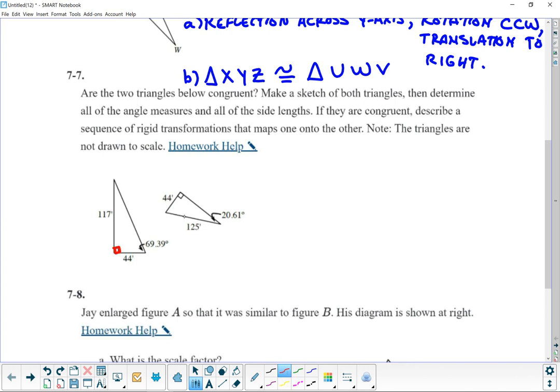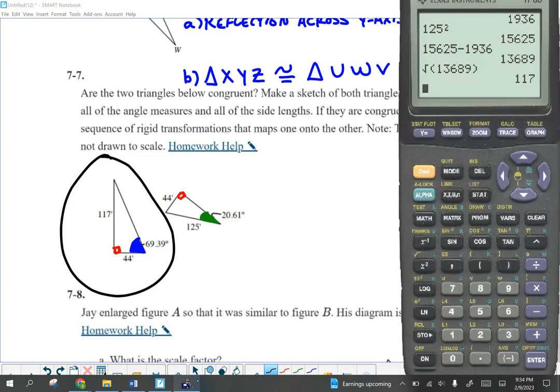So we have a 90-degree angle and a 90-degree angle. We have a 21.61 angle, and we also have a 69.39 angle. Okay, but we are missing a couple, right? So let's just focus in on this triangle.